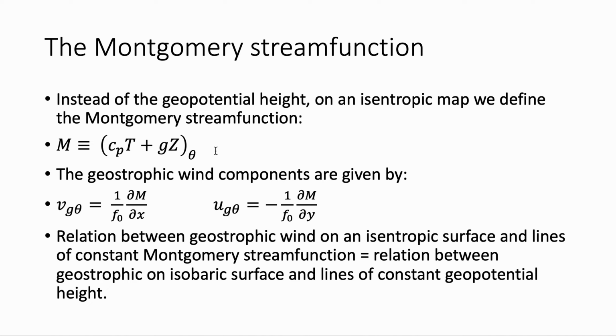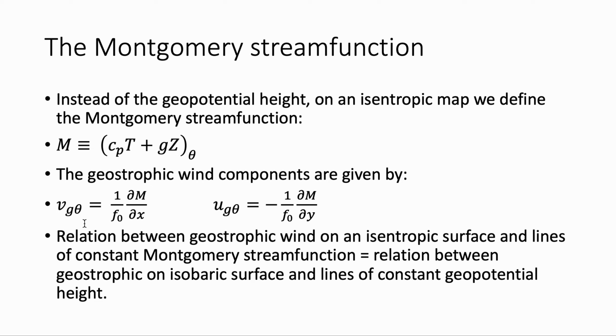If you define this on your isentrope, then the derivatives in the zonal and meridional direction give the geostrophic wind components on the isentrope. And so this further shows how much the isentropic analysis and the geostrophic analysis are, in a sense, correlated.